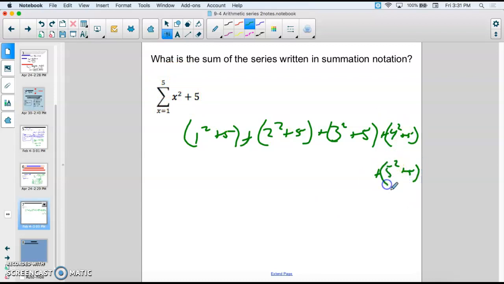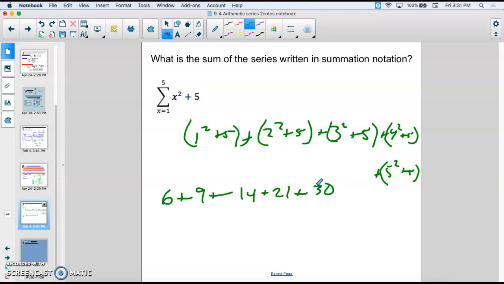Yeah, you have to do the work. So 1 squared is 1, plus 5 is 6. 2 squared is 4, plus 5 is 9. 3 squared is 9, plus 5 is 14. 4 squared is 16, plus 5 is 21. And 5 squared is 25, plus 5 is 30.